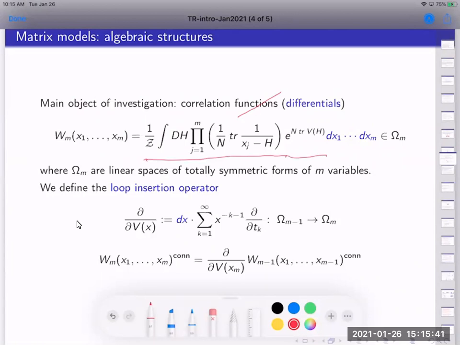And now what I do, I just add this differential. So I multiply these functions by differentials, making them differentials themselves. And we consider these sets of totally symmetric forms. And with respect to each variable, it will be just one form.